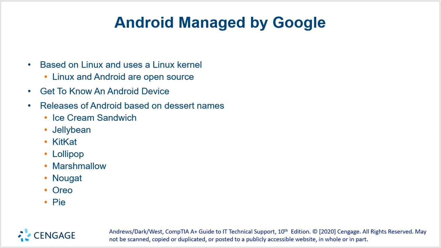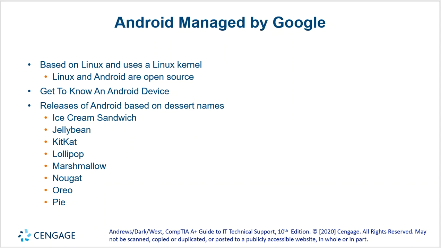Alright, so Android is managed by Google. It's based on Linux and uses the Linux kernel. Linux and Android are open source, right? So everybody knows how it's made, and there are people contributing to this, like Linux.